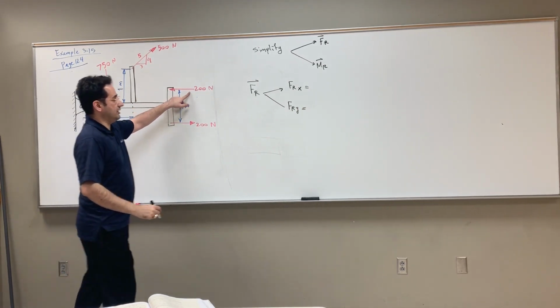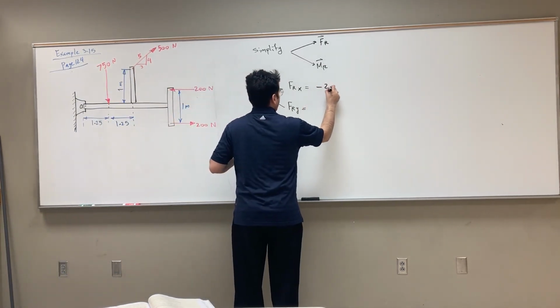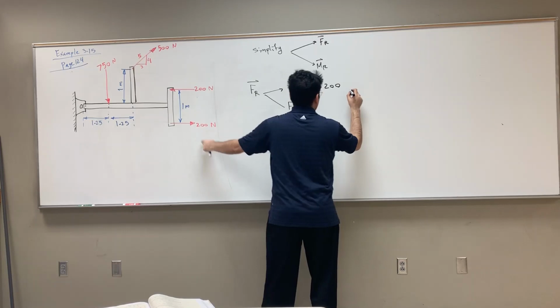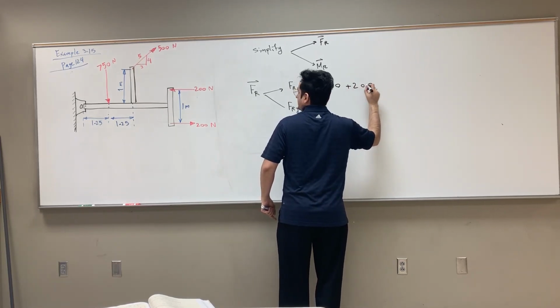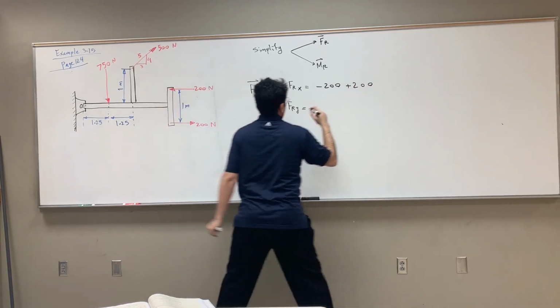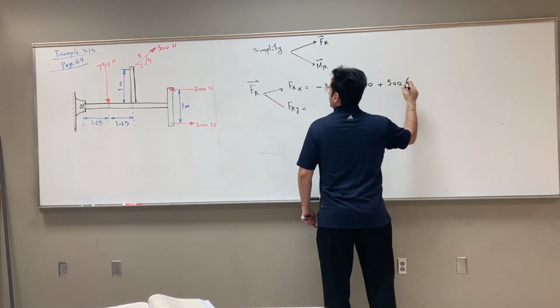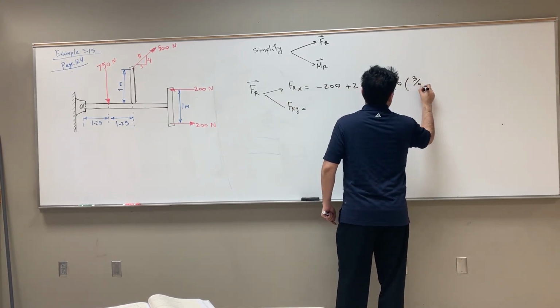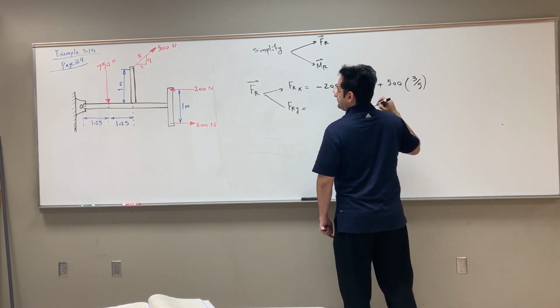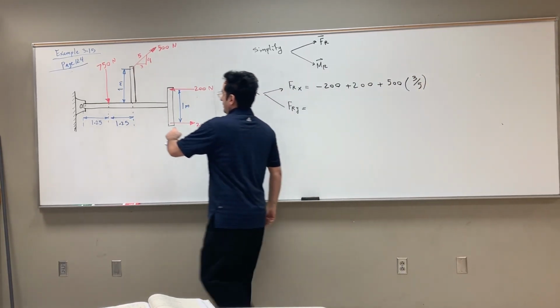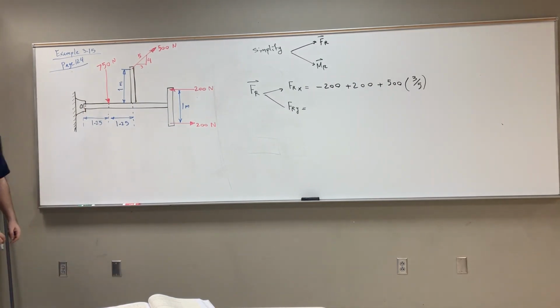Let's start with this guy. Negative 200. You go to this, plus 200. X component of that is going to be 500, 3 over 5, positive, and there is no other force in the X component. That's pretty much all we have, right?